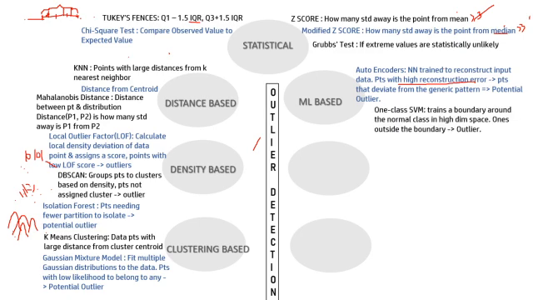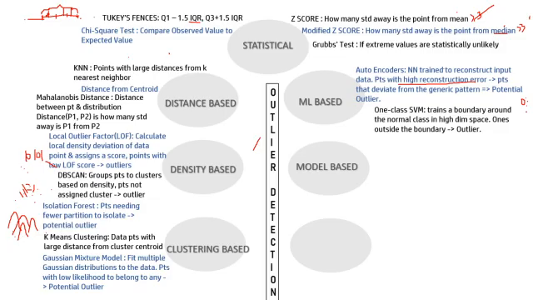Then you have one class SVM, which trains a boundary around the normal class in a high dimensional space, and the points which are outside this boundary are your outliers.